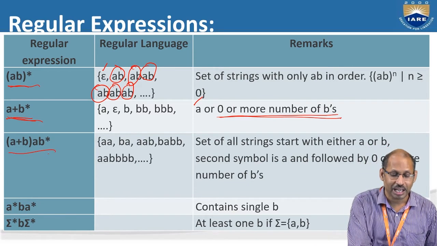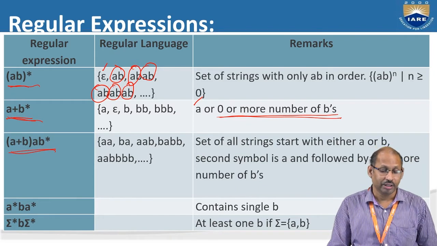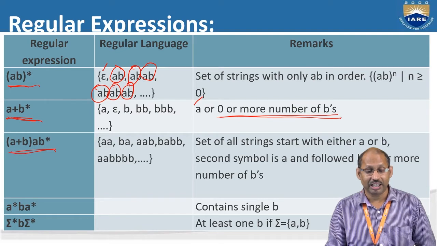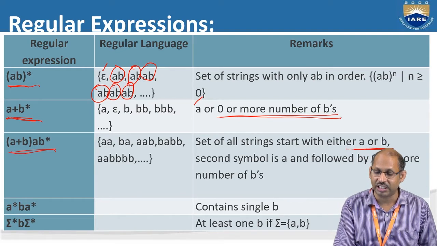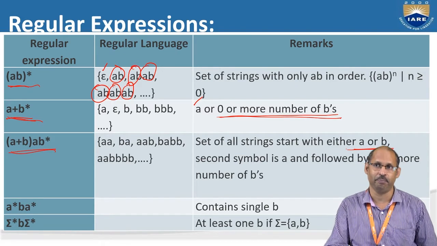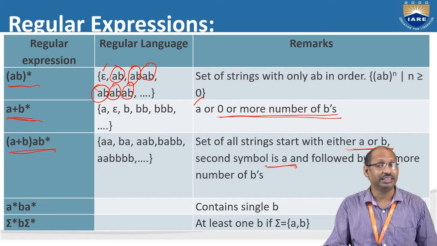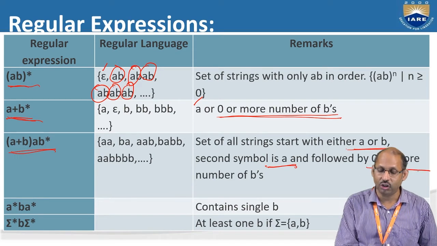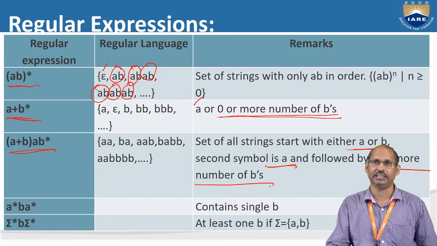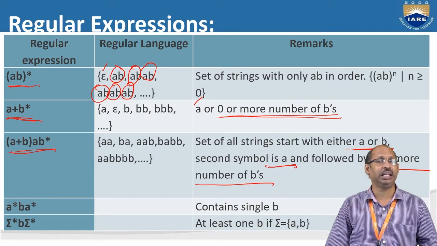Then (A plus B) followed by A, B star. What is this? In the language, all strings start with either A or B, and the second symbol must be A. It is followed by 0 or more B's.